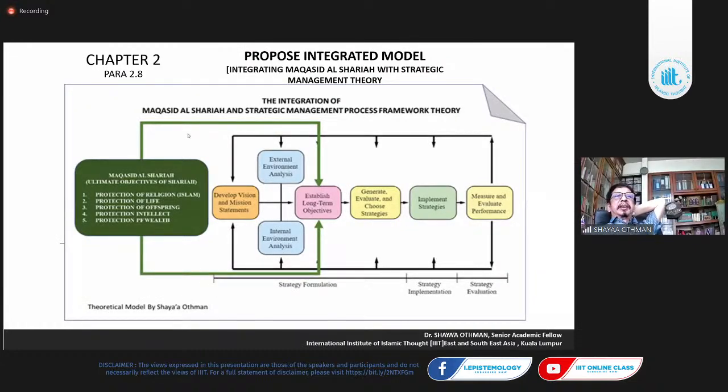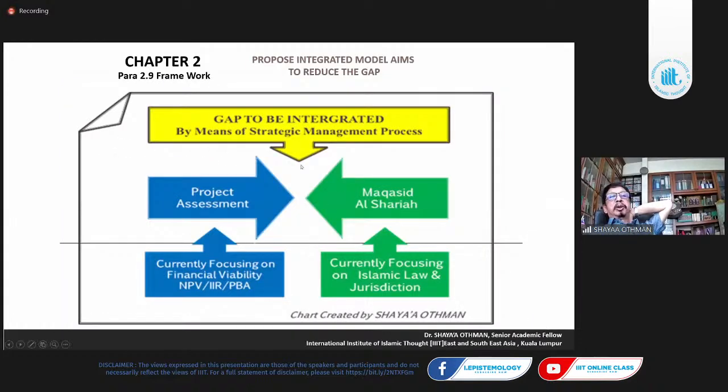Yeah. This relates maqasid al-Sharia to management. Maqasid al-Sharia could be integrated into management. There are those who do maqasid al-Sharia and those who do management, and this is the gap between the two, maqasid al-Sharia management.